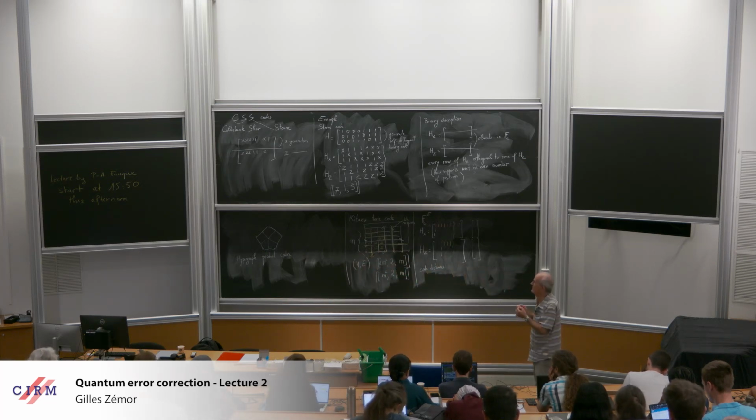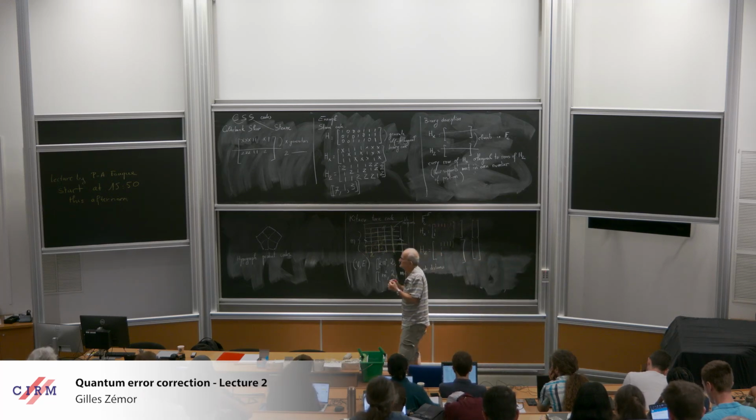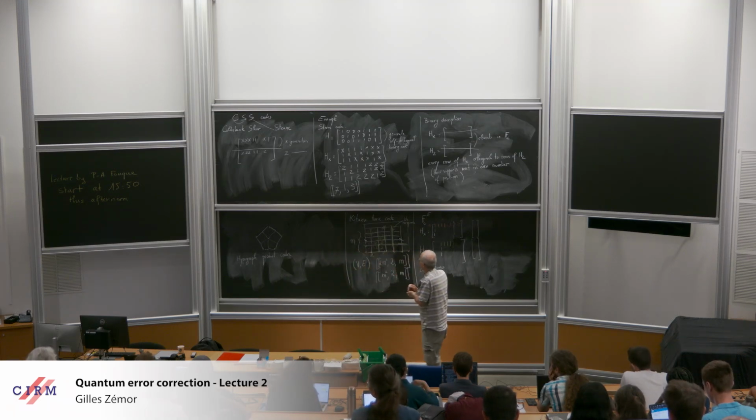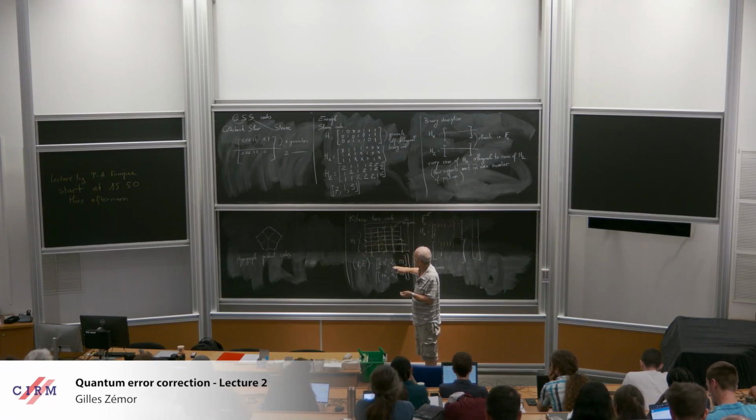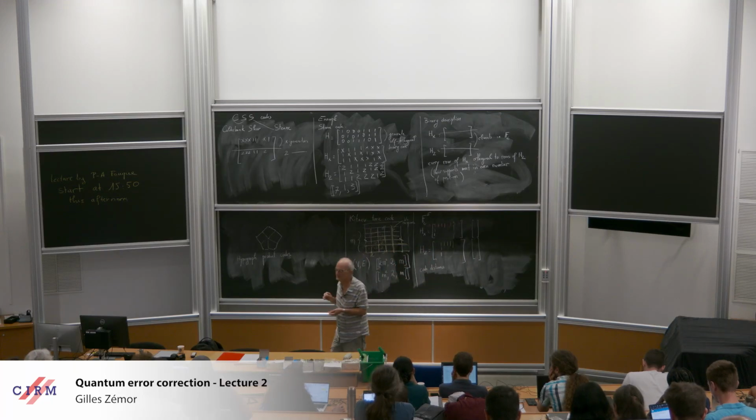Why we should go to hypergraphs rather than graphs, I don't have time to delve into, but this gave a significant improvement in the sense that we could have a dimension which scales linearly with the length and keep the minimum distance at least square root of n.